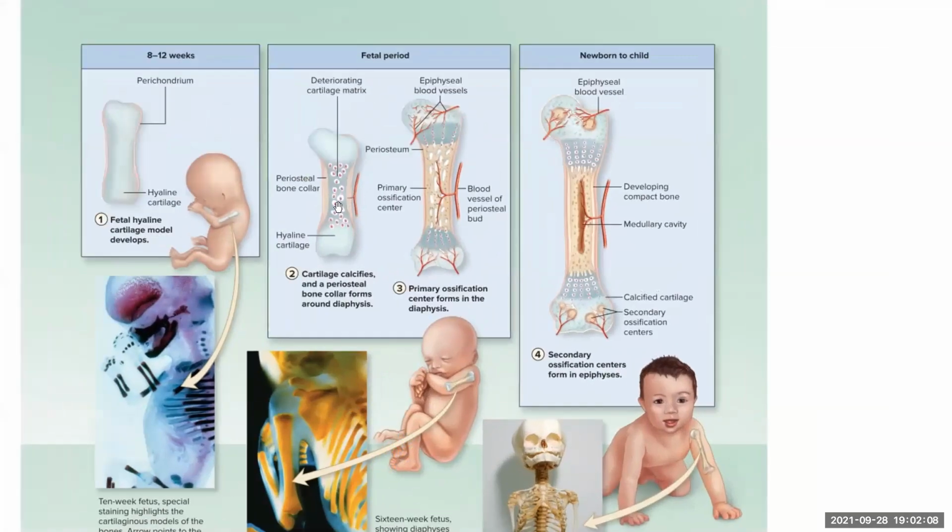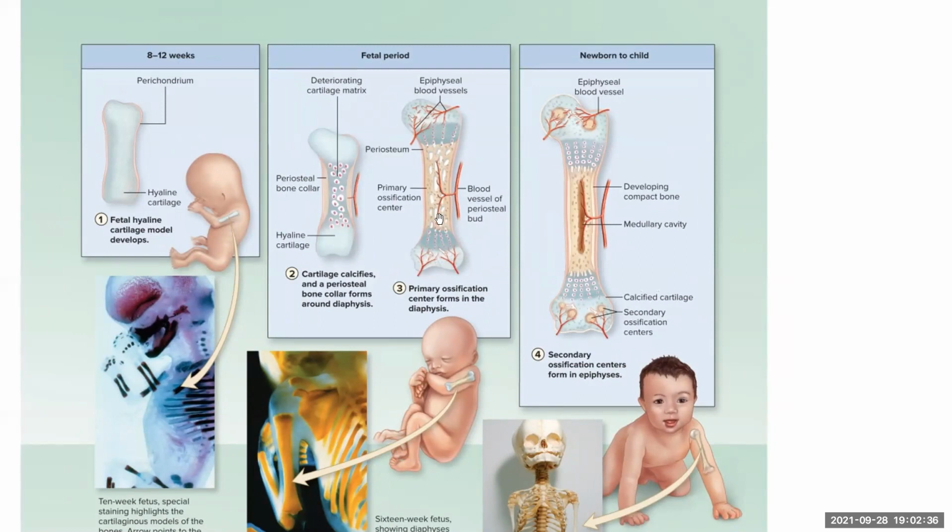Okay, we already saw it starting here with step 2, and now it's going on a larger scale here. So blood vessels have infiltrated in, osteoblasts have infiltrated in, and it's just using that old calcified cartilage matrix as a template, and it's going in and replacing all that calcified, degenerated cartilage matrix with bone tissue.